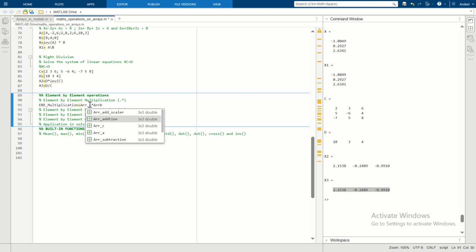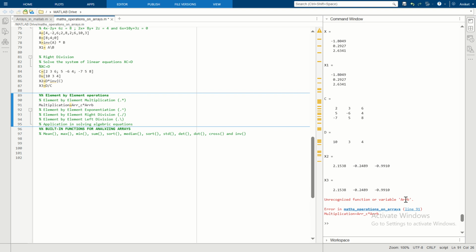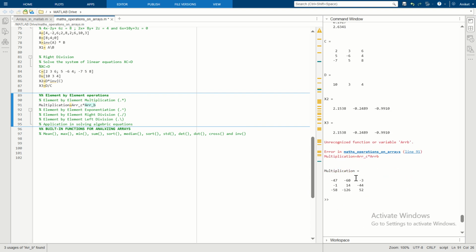Okay, now we will be doing it with A and B. First of all, we will just multiply ARC into ARB. Okay, so ARB is not there. Okay, so this is the multiplication.